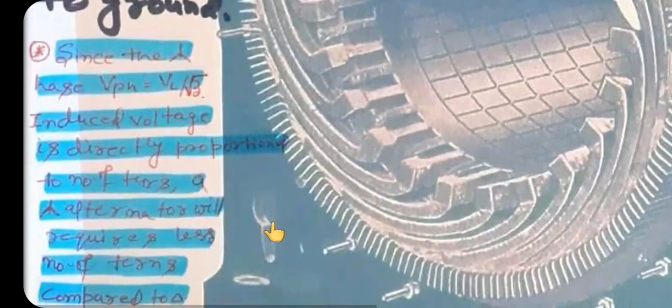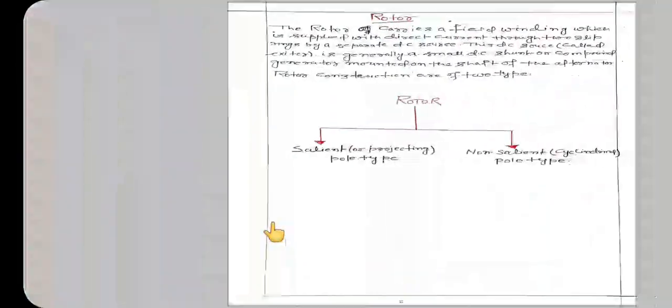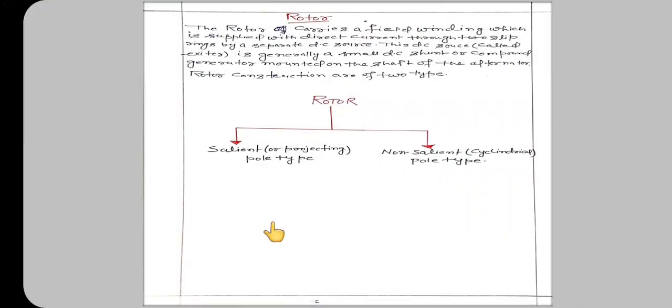So an alternator with a star connection will require fewer turns as compared to delta construction. Now let us see about the rotor.